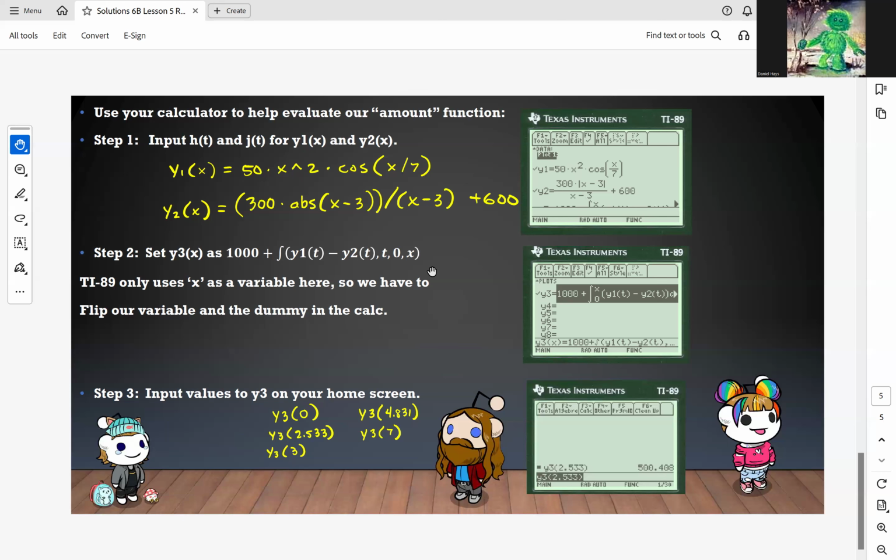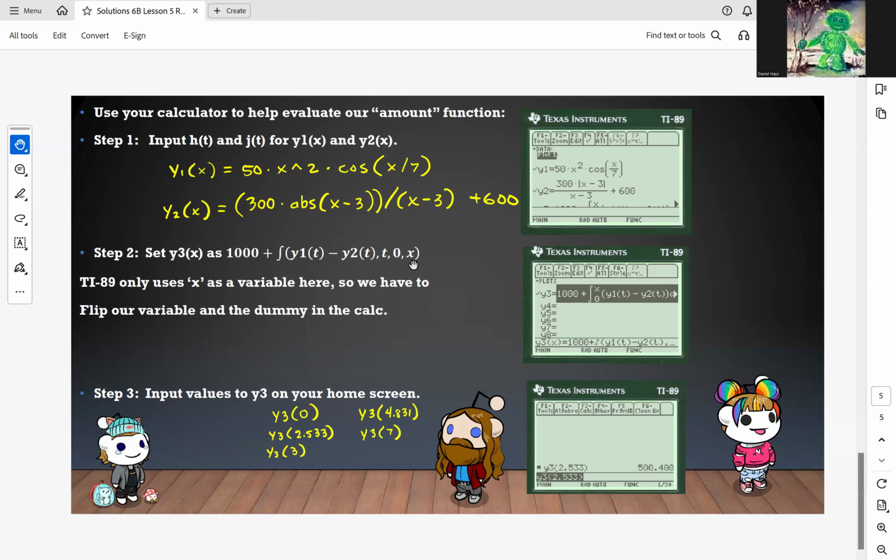So we just have to be really careful and know that in the calculator, we're swapping the t and the x, even though our work is going to show something different. So t becomes the dummy, y1 t minus y2 parentheses t, comma t, and then comma 0 and x. We can actually assign the variable x as a bound if we want a variable upper bound.